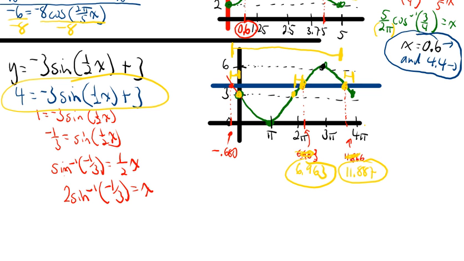Like this point here that I'm highlighting is when I'm at a height of 4 on the way down. This second point here, I'm at a height of 4 on the way down. So if you found this one, you can just add 4 pi and you've got this one. There's also another set of answers, times when I'm at a height of 4 on the way up.